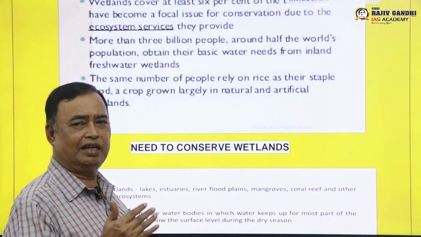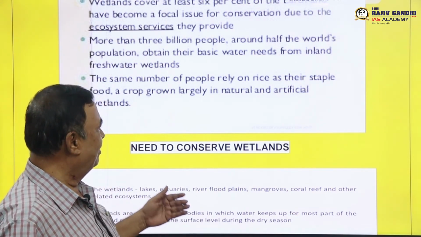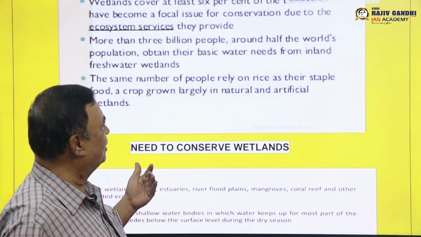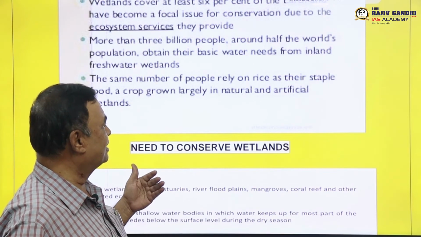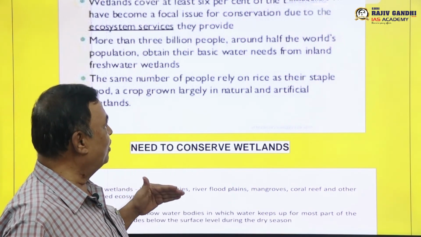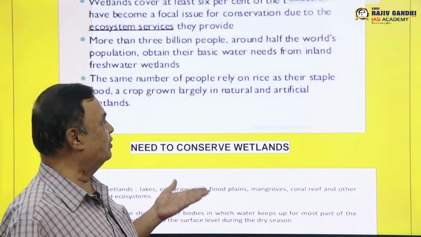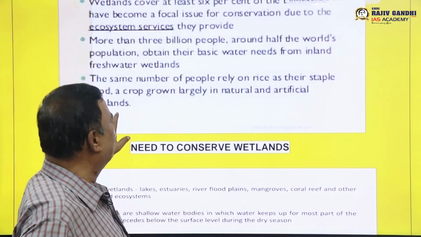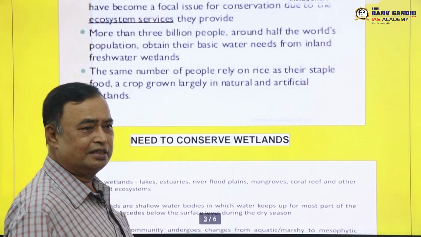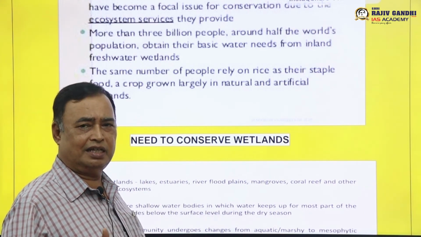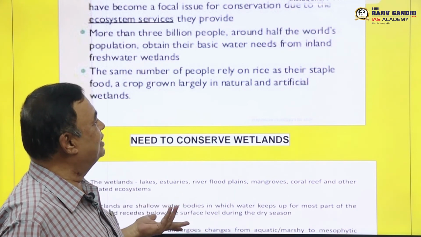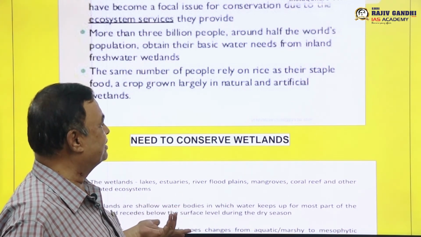The same thing with the Airavati Valley, where naturally the water gets stagnated. They sow the paddy and harvest it. If there is no natural water stagnation at a particular place for cultivation, then these people create artificial wetlands. That means paddy fields are artificial wetlands, and they support a variety of vegetation and also a variety of animals.